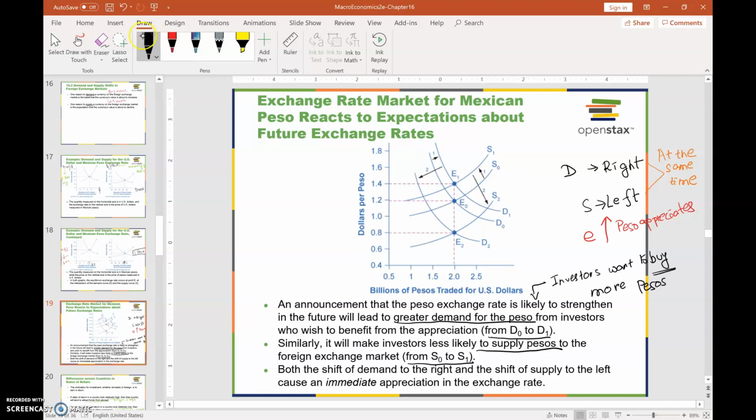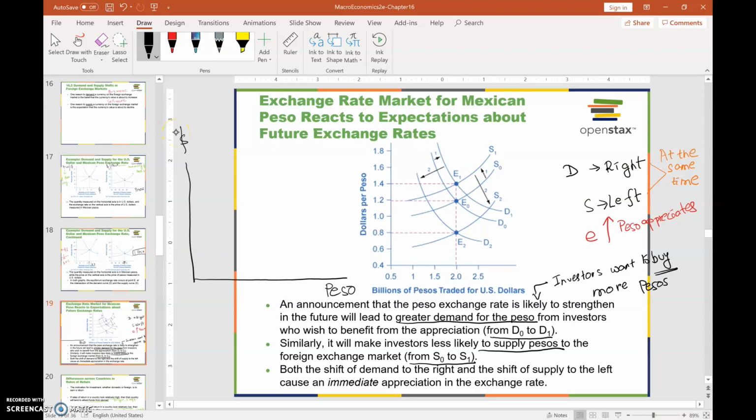Now let me look at how and why the demand curve and the supply curve will shift. In this example, we are looking at the market for pesos, and I want to recreate the graph here so that it becomes easier for students to understand. On the horizontal axis, I have quantity of pesos. The vertical axis is the exchange rate, which is dollar per unit of peso, or how many dollars 1 peso can buy.